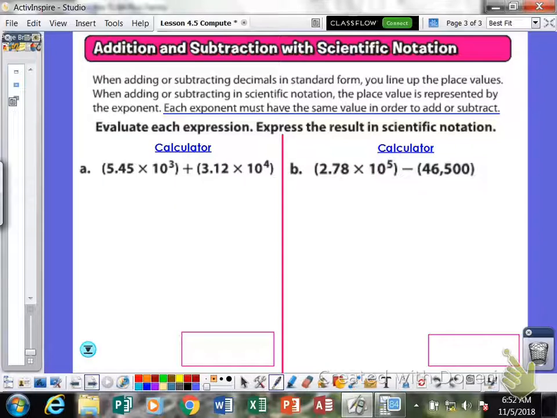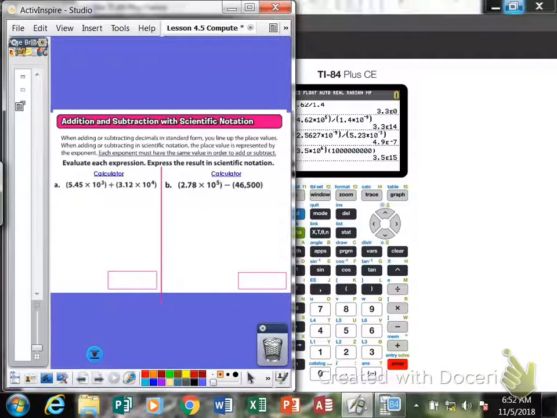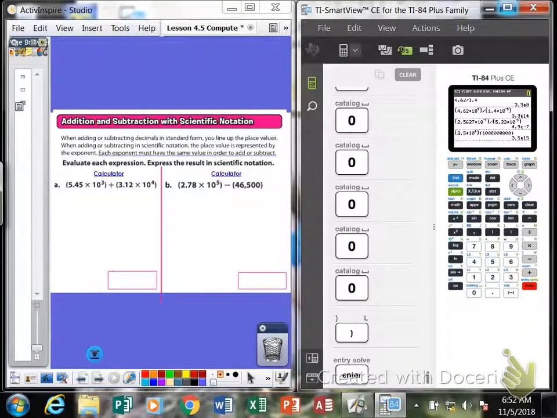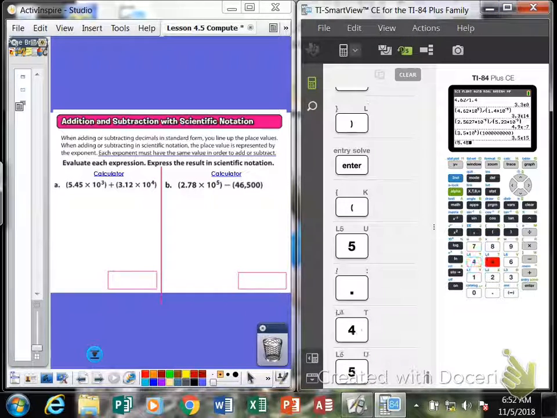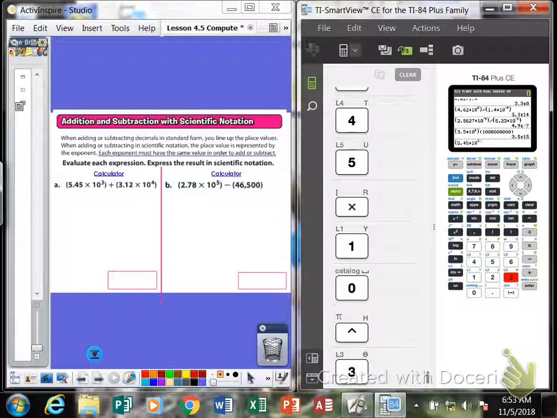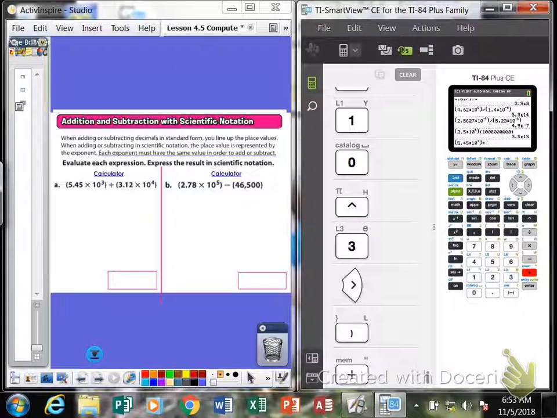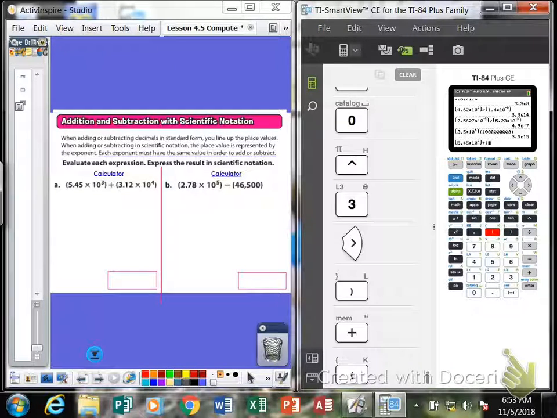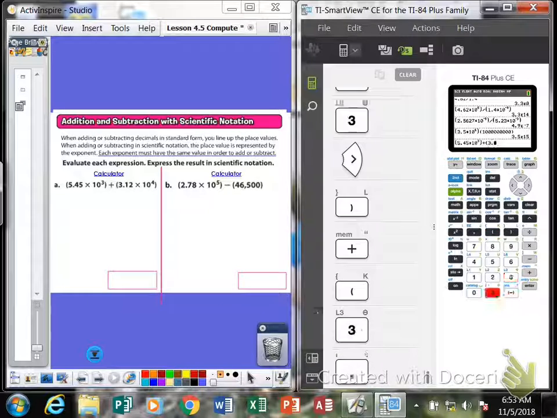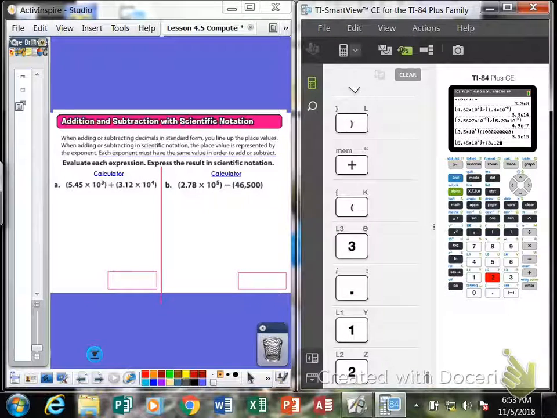Calculator, again, for adding. So, again, I'm just going to minimize it for this one because that way I don't have to keep going back and forth here. So we have 5-point parenthesis, 5.45 times 10 to the 3rd, arrow out, close the parenthesis, plus this time, because it's a little different, so using the calculator would be much easier, much faster, times 10 to the 4th.